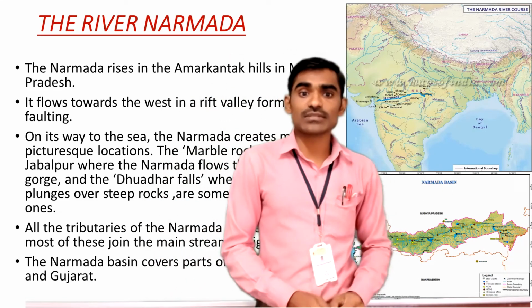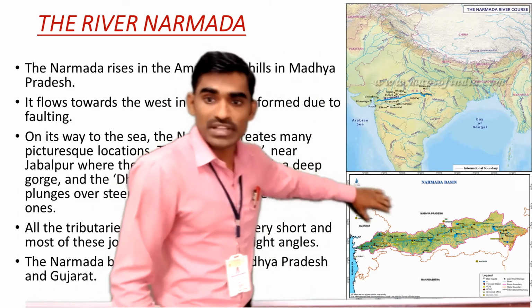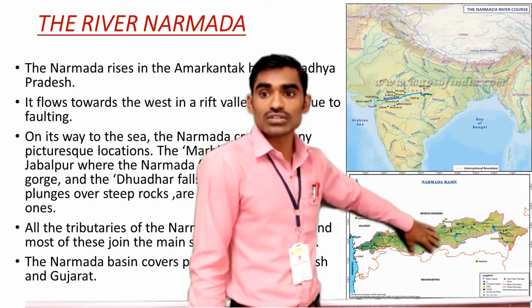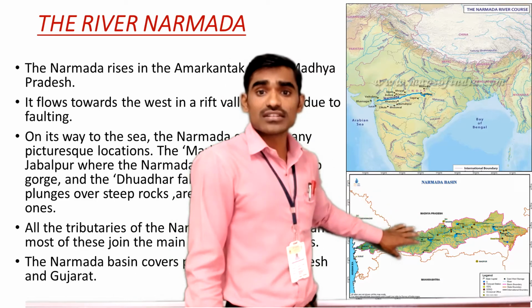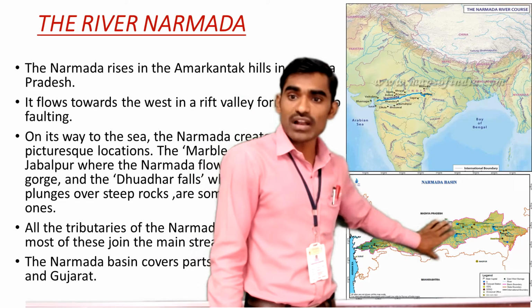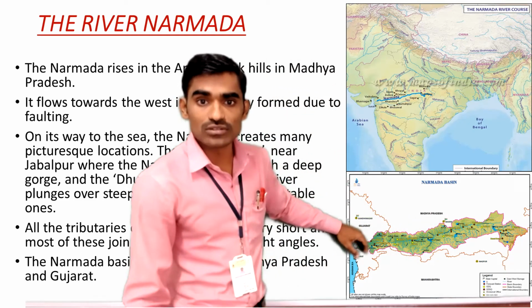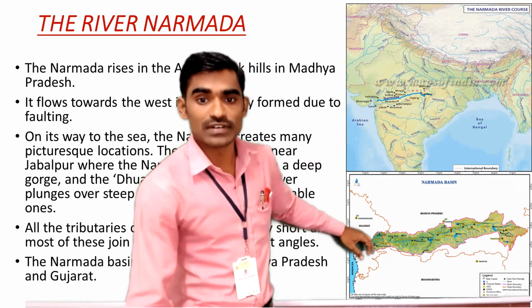The basin of the Narmada River covers Madhya Pradesh. It runs through the north side of Maharashtra, on the borders of Maharashtra. Under the Narmada Basin this much part comes, as you can see here. Finally, the Gujarat state also comes under the Narmada River Basin.